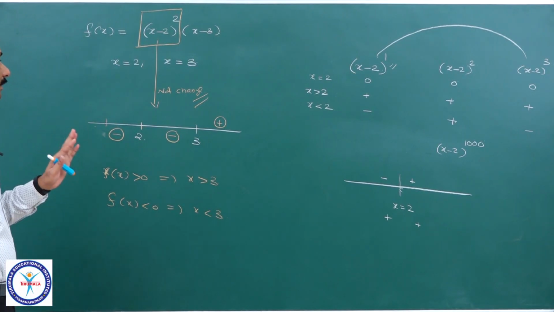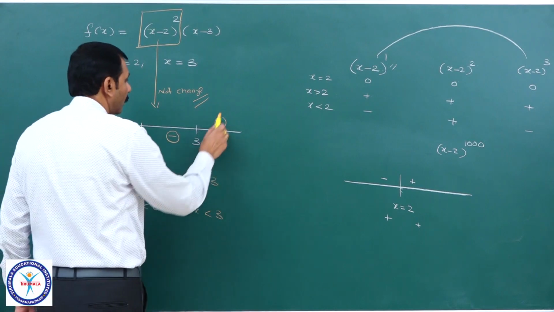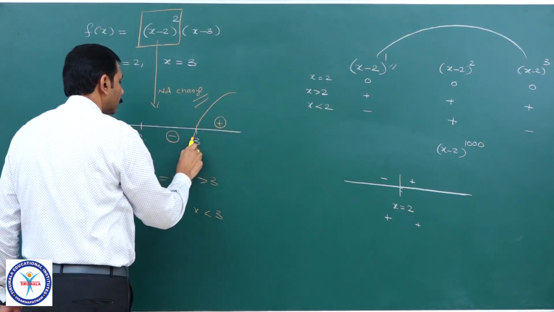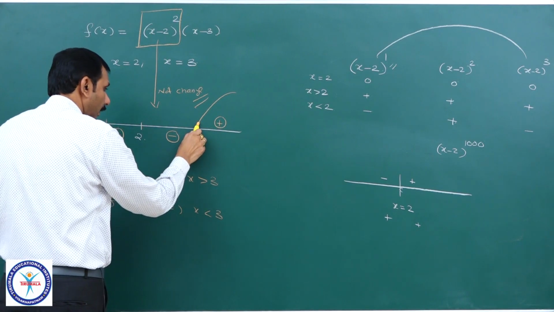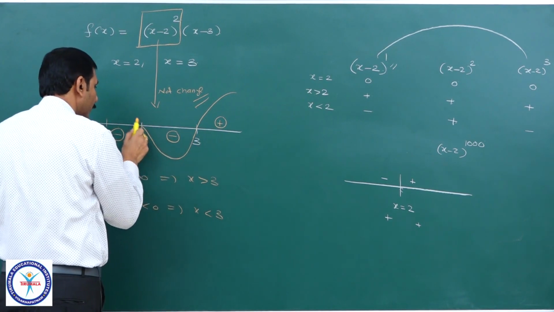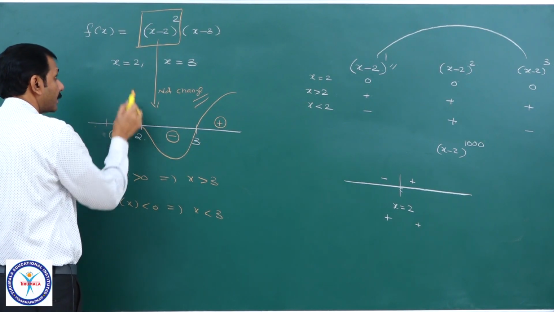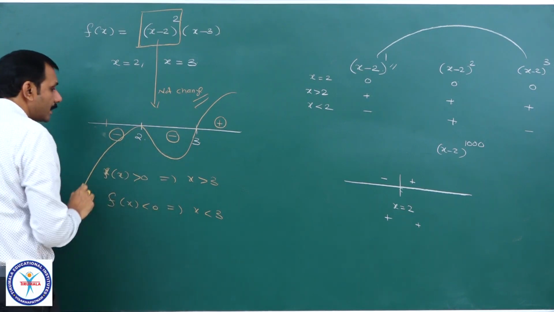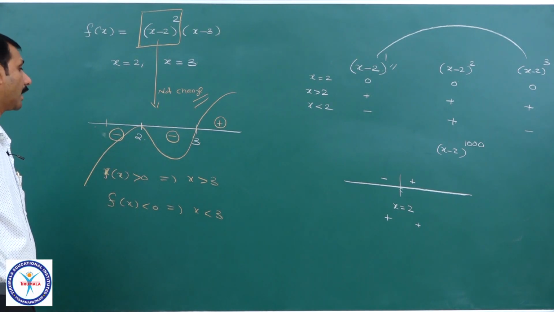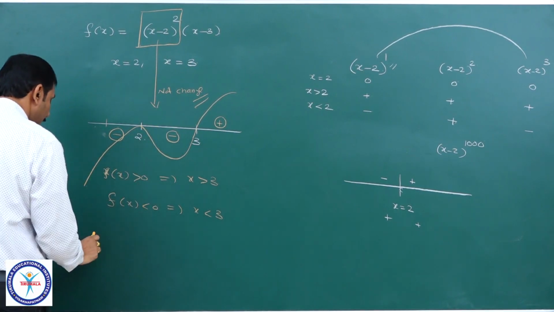But of course, one thing you observe, if I want to draw a curve which we call a wavy curve, here positive to negative, but here it will not cross. At x equal to 2 it will become 0, and this curve will remain on the same side of the x axis. Therefore, here it is negative, here also it is negative.